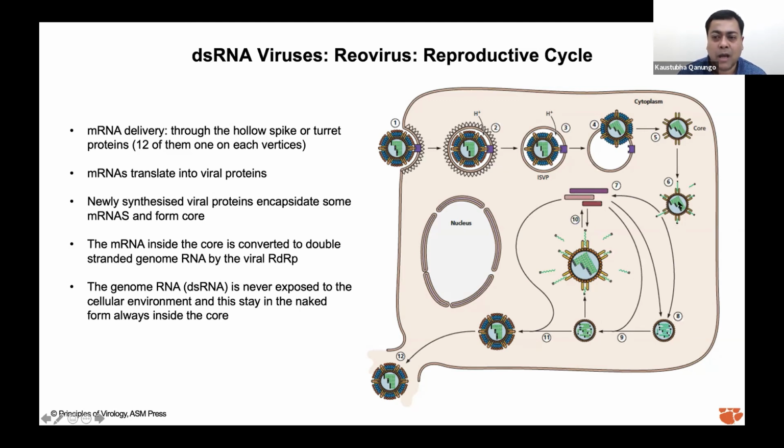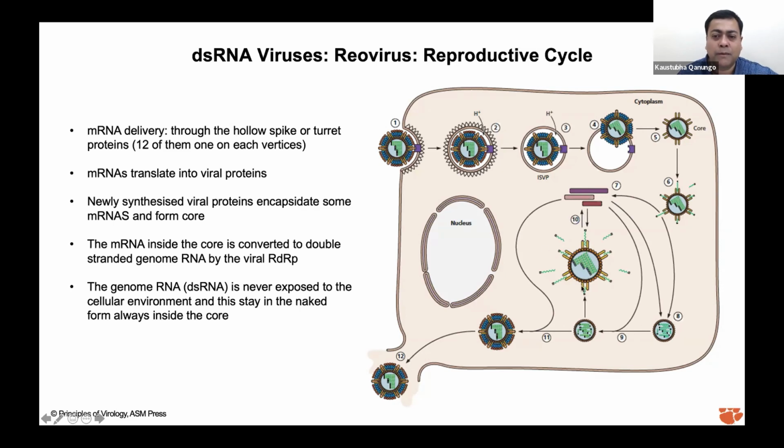Again, just to recap, because I don't want to rush through this: this inner core brings the double-stranded RNA, which is making the mRNA that is coming out in the cytoplasm. That's making the viral proteins. And these mRNAs will be packaged with the viral protein to make the core. This is the core, which will form, again, this structure right here in the cell.